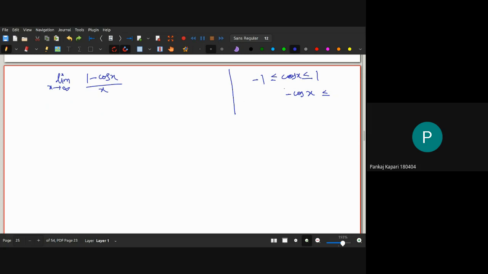The minus of cos x, if you put this minus, then the inequality reverses and this will be greater than -1, so it still lies between 1 and -1. Then you add 1 on both sides, so this becomes 2. So 1 minus cos x lies between 0 and 2.